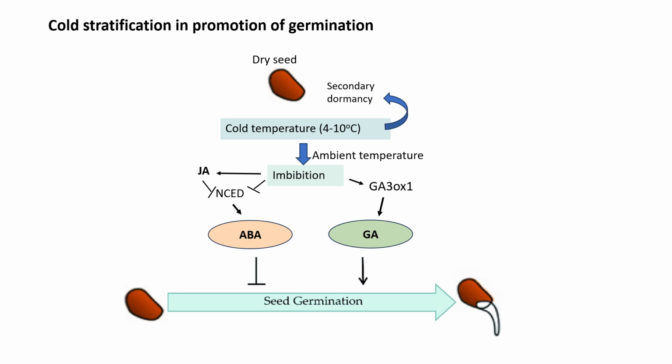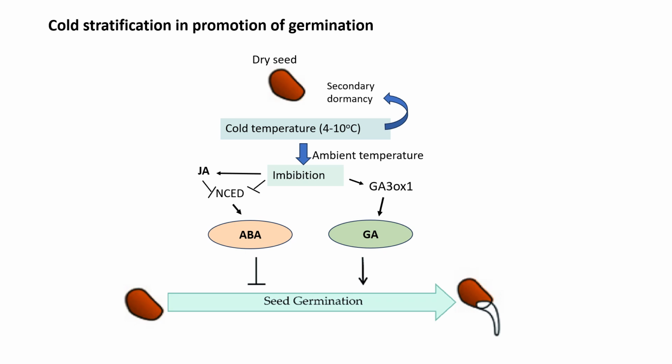Similarly, cold treatment given to dry seeds, which is called cold stratification, is known to promote germination upon imbibition by breaking down dormancy. In the seed coat as well as in the embryo, abscisic acid levels decline during moist chilling, and this has been shown to increase the germination capacity of seeds when eventually exposed to ambient temperature.